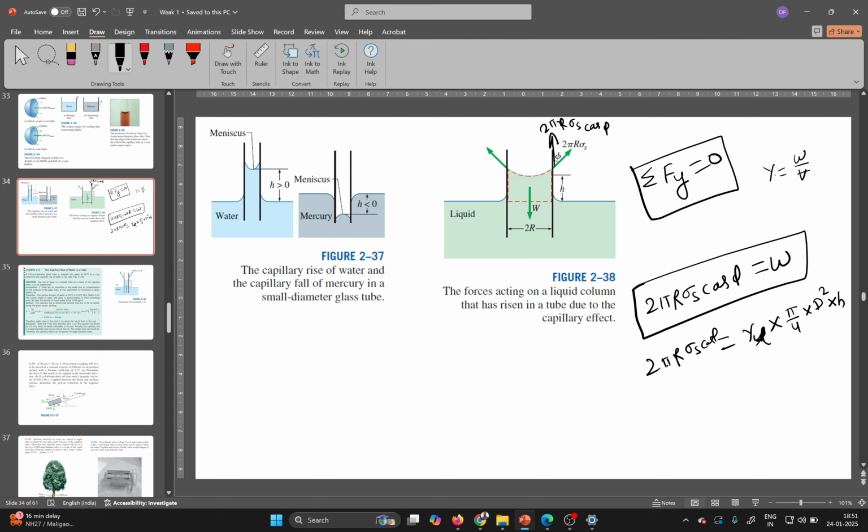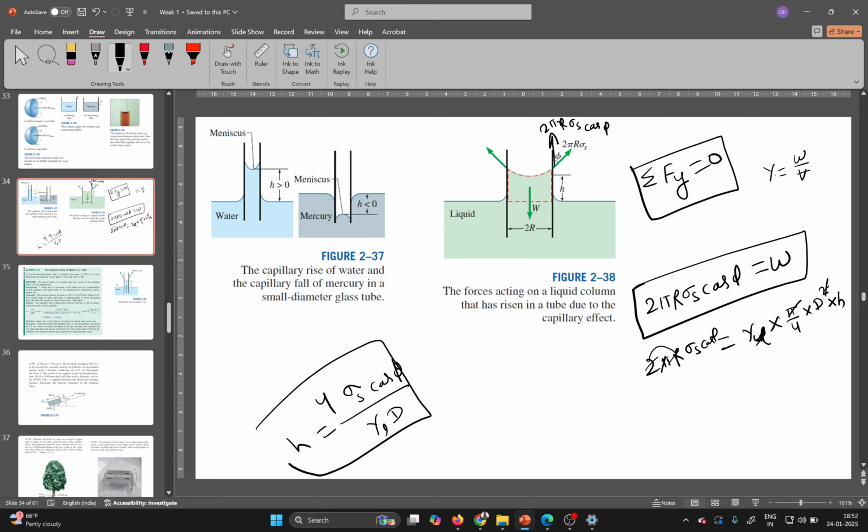So your pi and pi will cancel out. 2r means d, so this 2r and 1 d will cancel out, so only d will remain here. So sigma s cos phi divided by gamma liquid, and 4 will go to this side, and only h will remain.